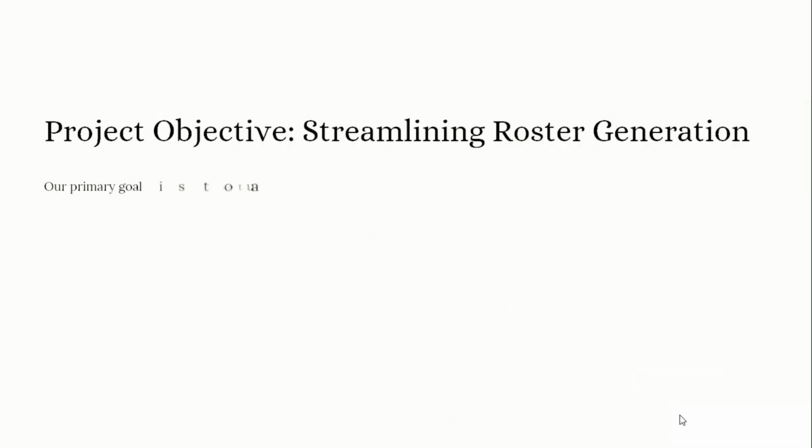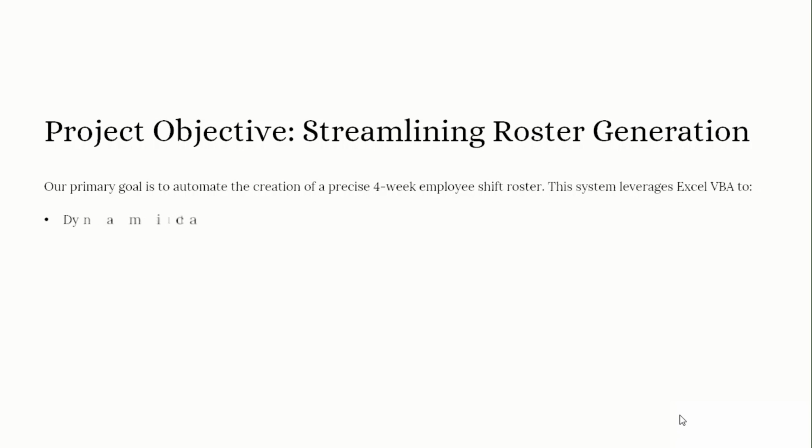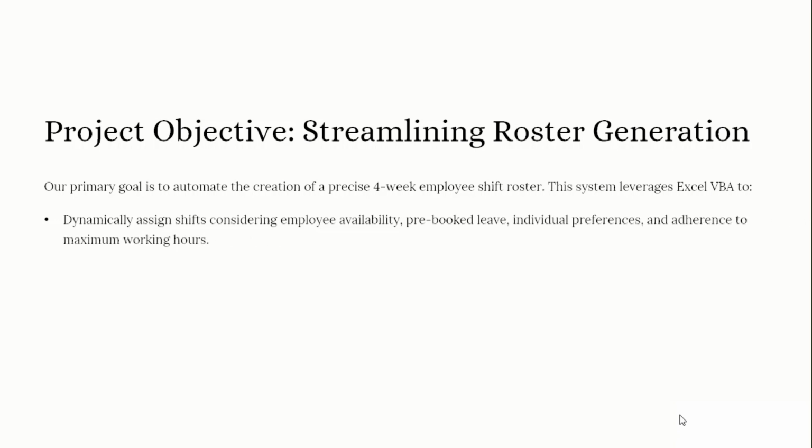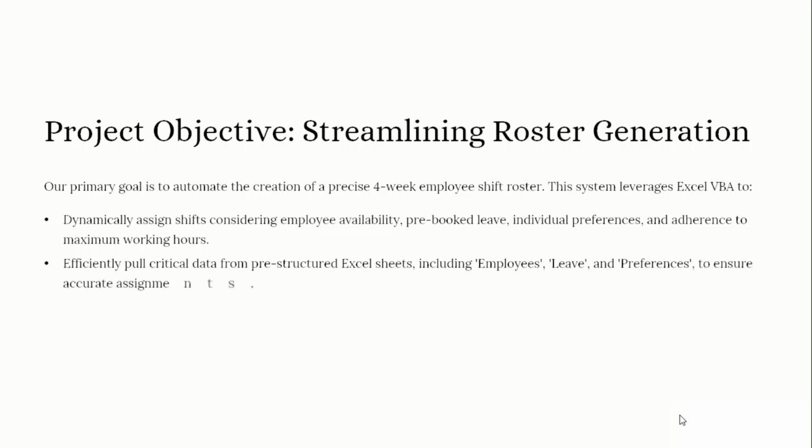Project objective: streamlining roster generation. Our primary goal is to automate the creation of a precise 4-week employee shift roster. This system leverages Excel VBA to dynamically assign shifts considering employee availability, pre-booked leave, individual preferences, and adherence to maximum working hours.